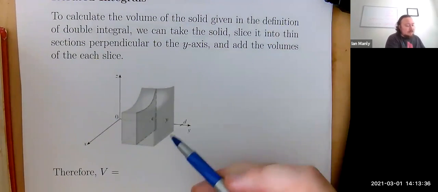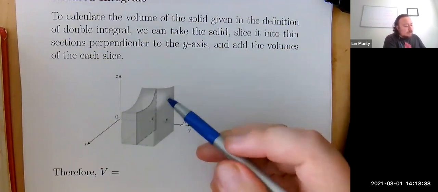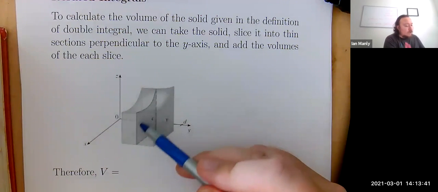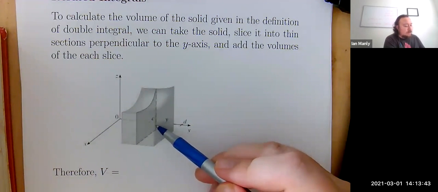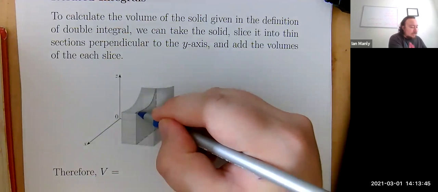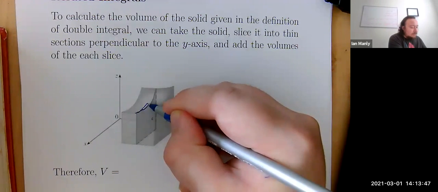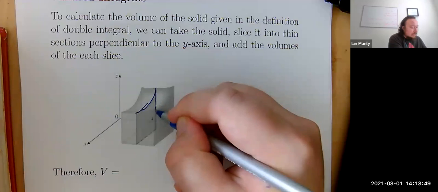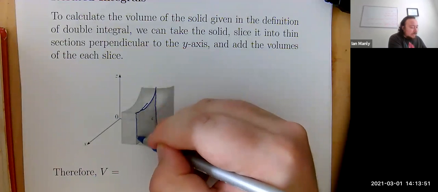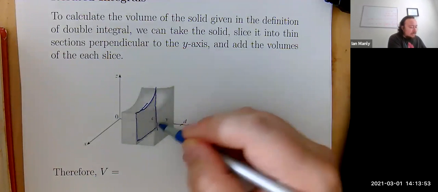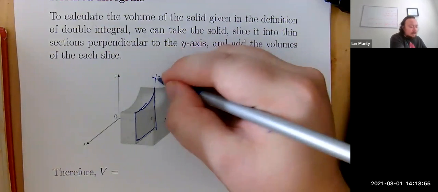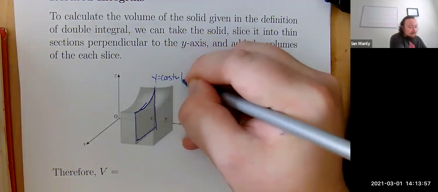All right, so let's take a look at this picture right here. What they're doing is they froze a particular y value, and they looked at the area under this curve with respect to x. So all of this is happening in the x direction, and our y is constant here.